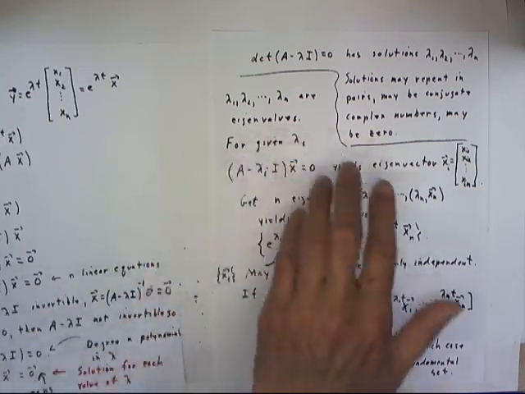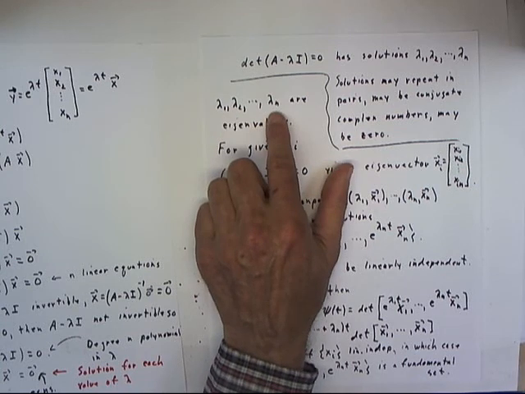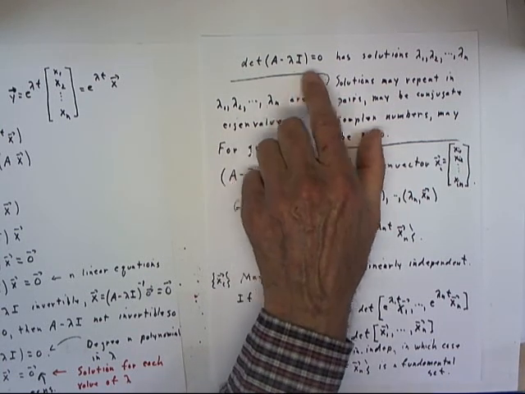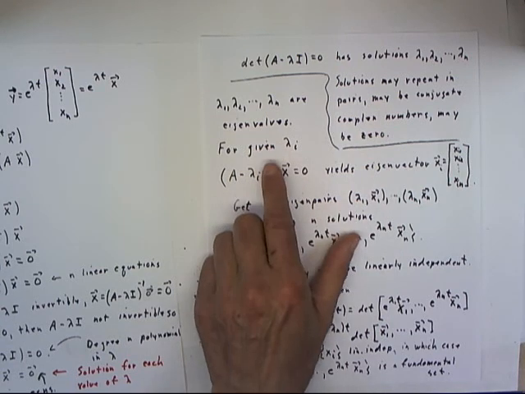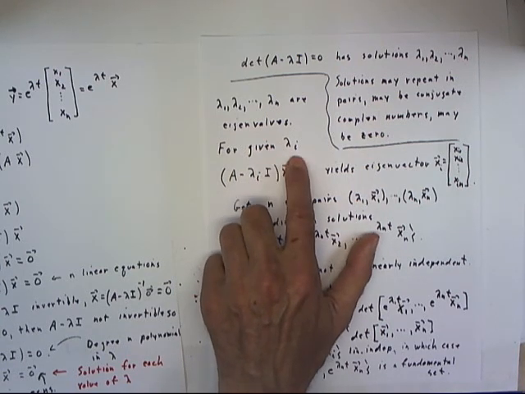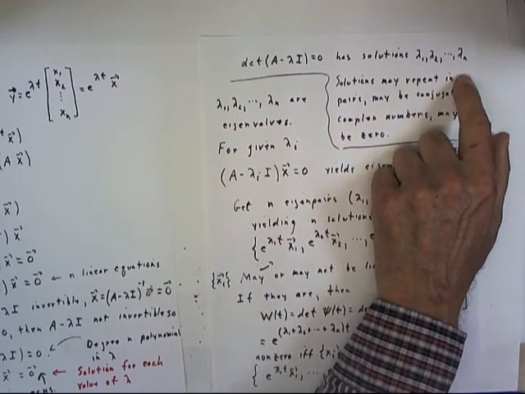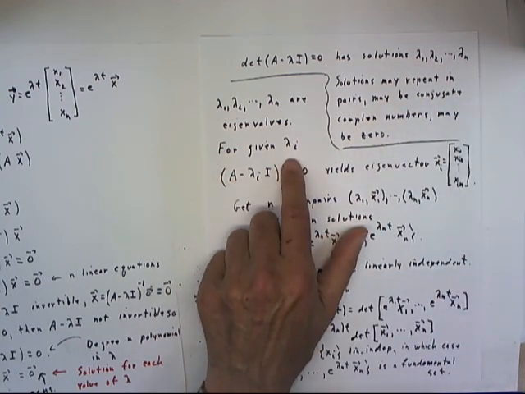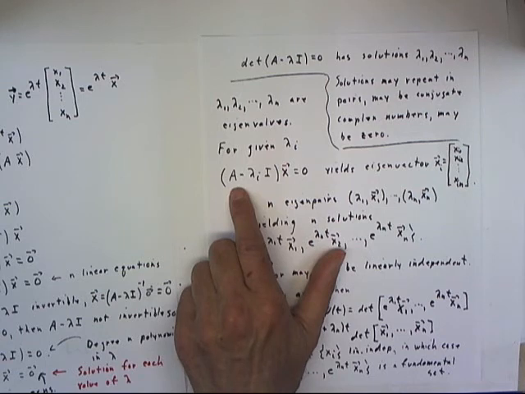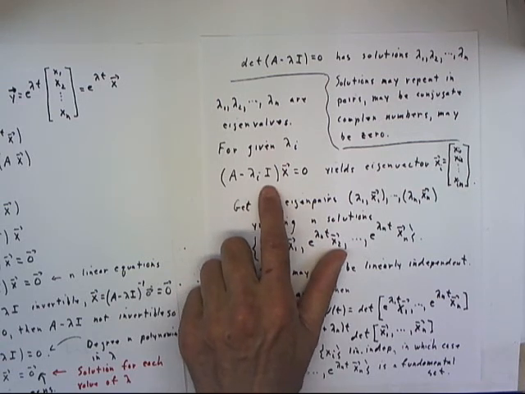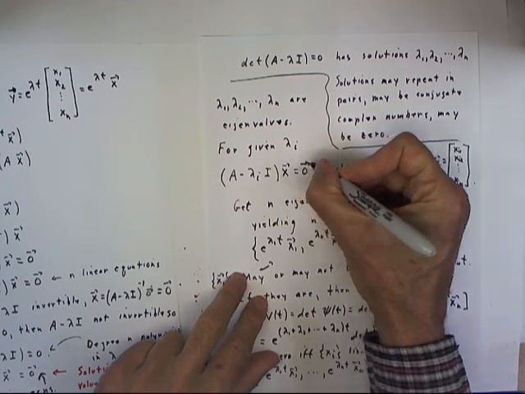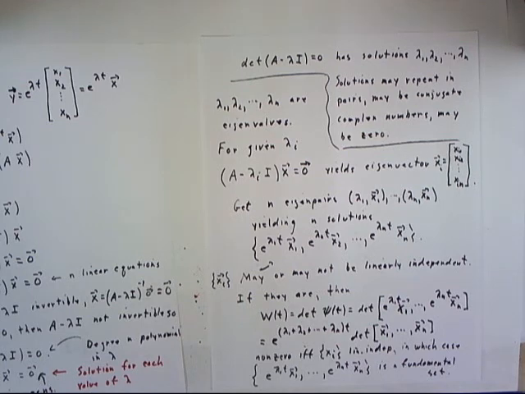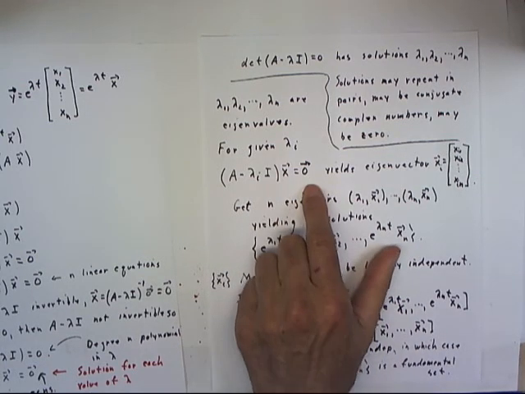So if lambda 1 through lambda n are the solutions to this equation, we call these eigenvalues. And for given lambda sub i, where i is some number between 1 and n, the equation A minus lambda i times x equals 0, and that 0 should be the 0 vector, not the 0 number, for reasons we've talked about.